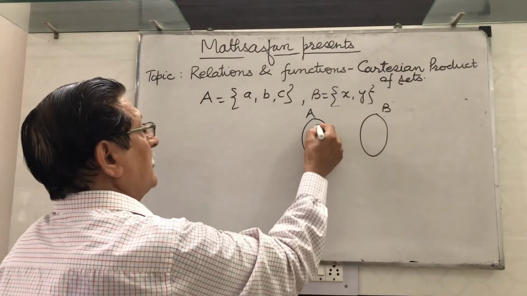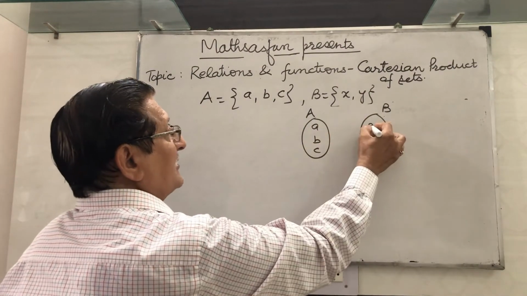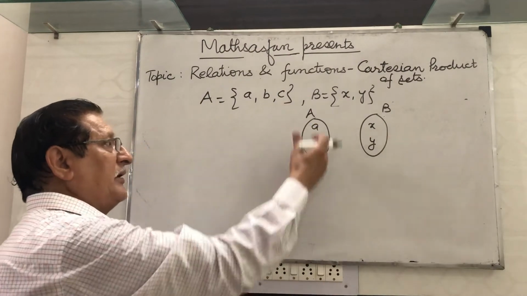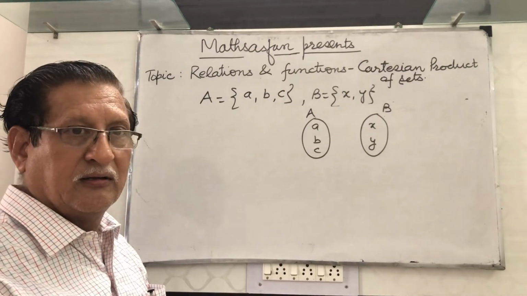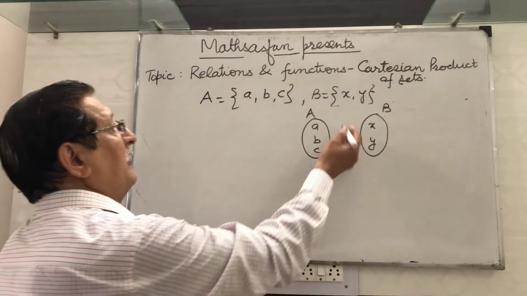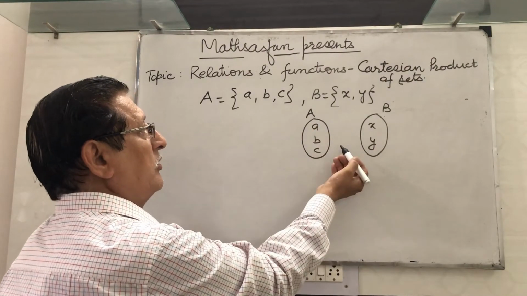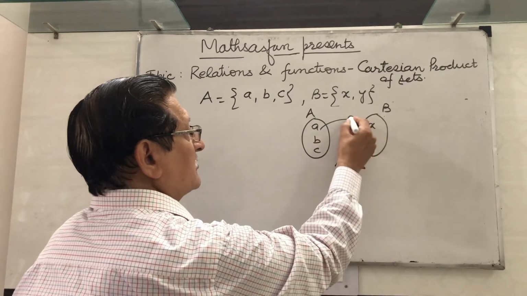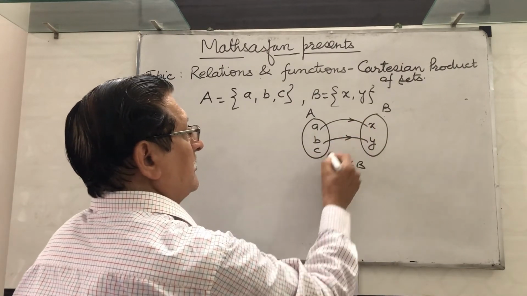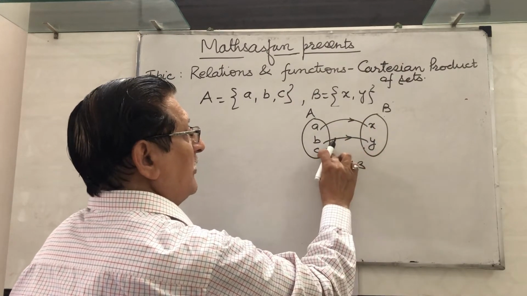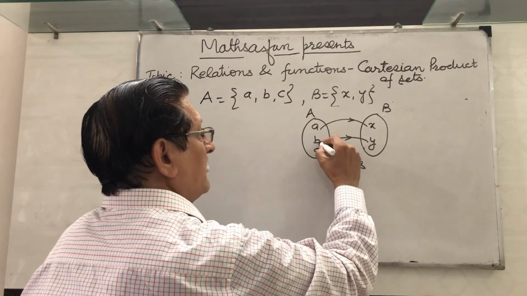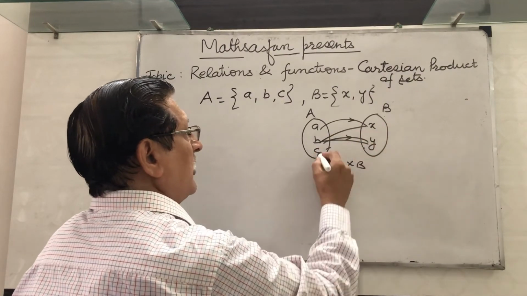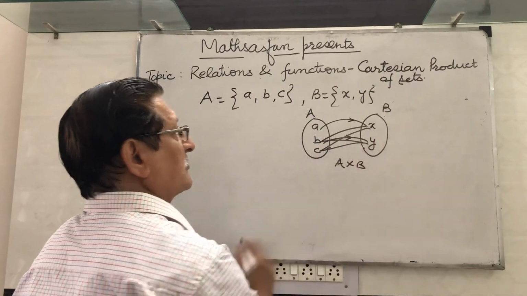The elements of A are a, b, c, and this is x, y. Why am I writing them vertically? Because we have to connect them to make their ordered pairs in A cross B. So we connect a to x, and b and c also have to be connected to x and y.